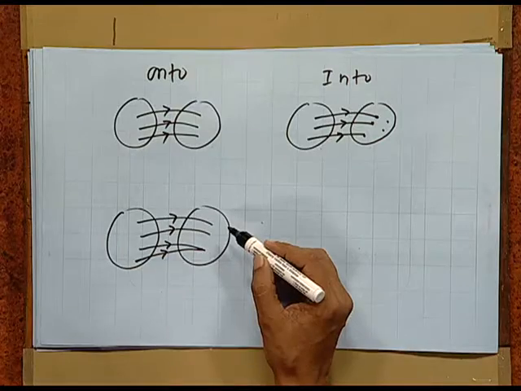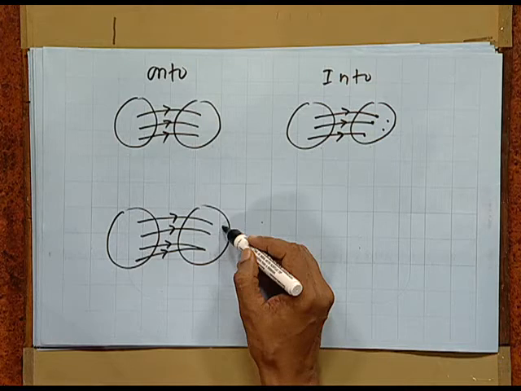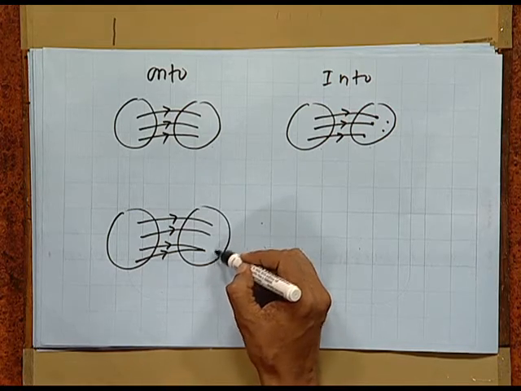In this case, is it a function? Yes, because every element has an image and the images are unique, no problem. Next question is whether it is onto or into. Of course, it is onto because there are no free elements here. Okay. Compare these two, the first and the third. Both functions are onto, but still there is some difference between them.